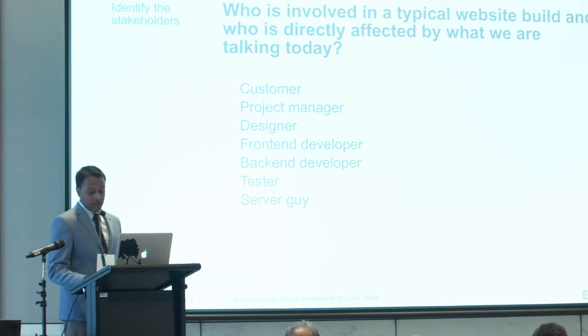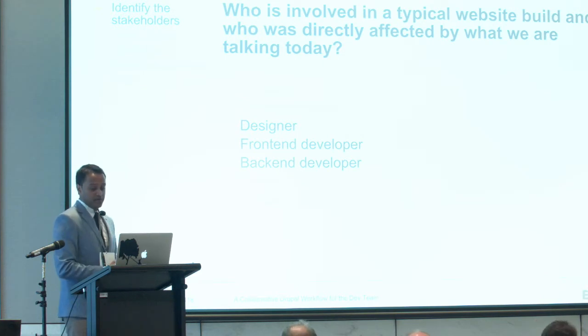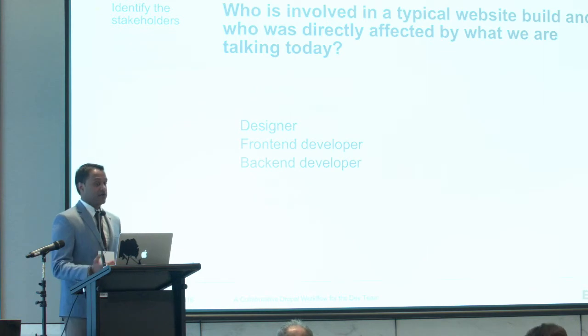While they all play important roles, these were the three groups of people who were directly involved in the improvement process. The designer, because they were asked to do a little bit more than just designing. The front-end developer, because they were asked to get out of their comfort zone and dabble in Drupal a little bit more. The back-end developer, because, well, they were asked to trust the front-end developers a little bit more.